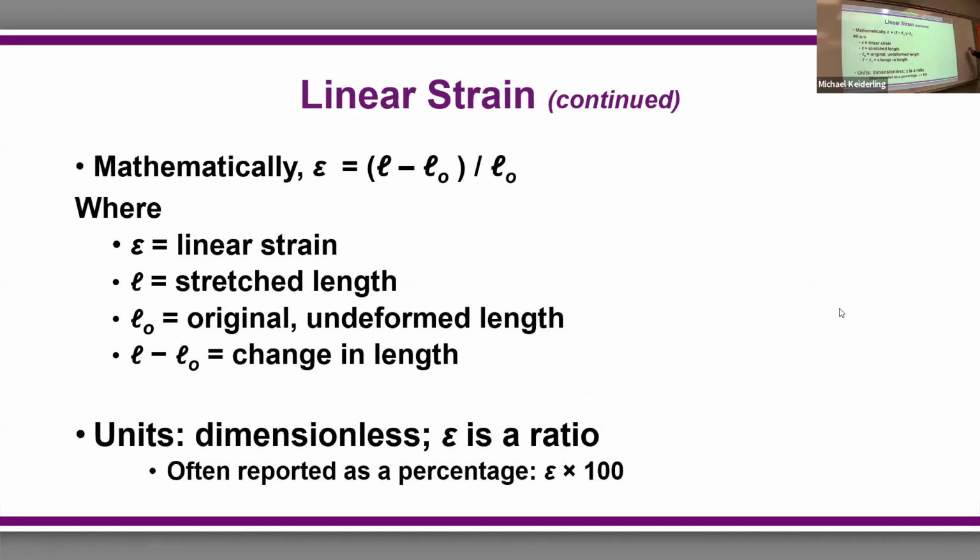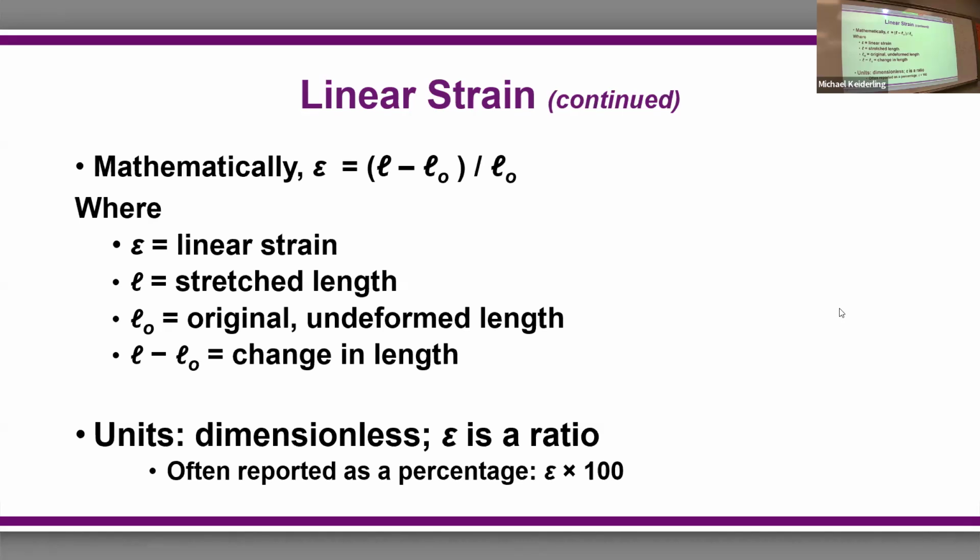It's length minus length naught, over length naught. Or you can think of it as the change in length over the initial length. It's dimensionless because this is a ratio of length over length.